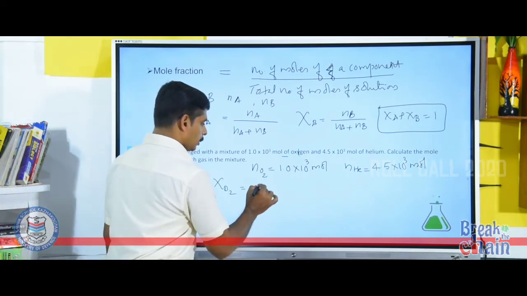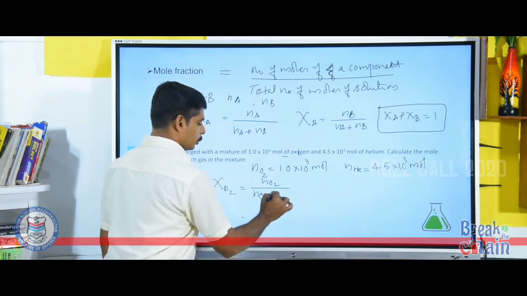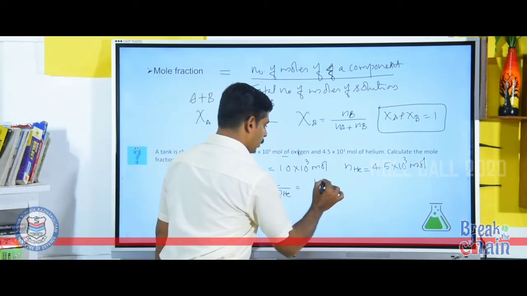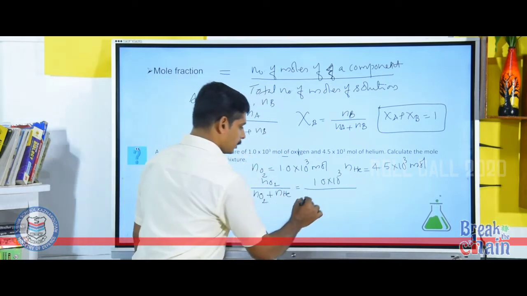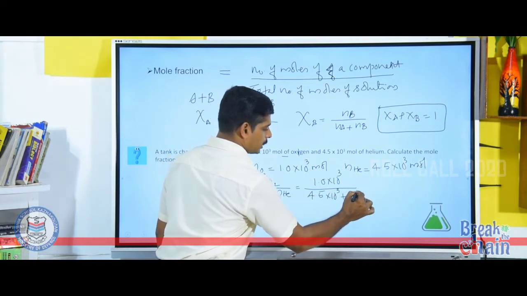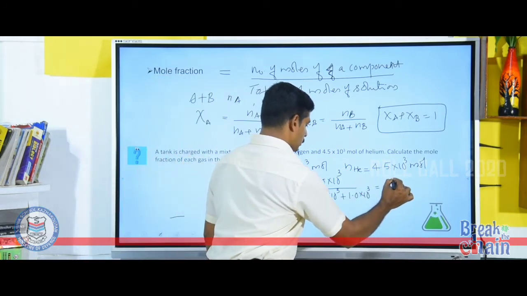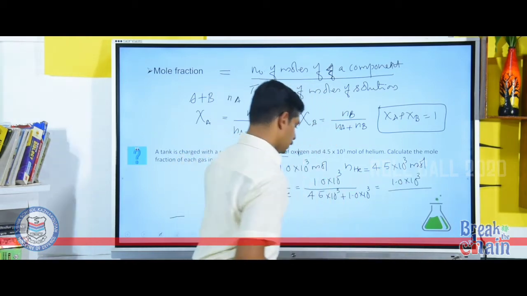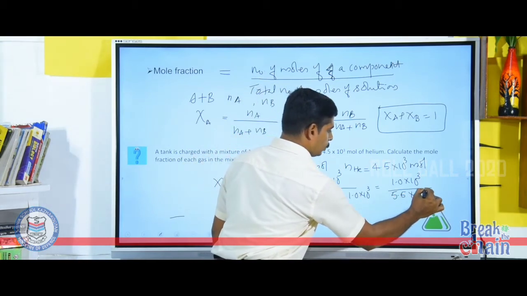It is equal to number of moles of O2 (NO2) divided by total number of moles, NO2 plus NHE, which you can further write as 1.0 into 10 raised to 3 divided by what is the total number of moles? 4.5 into 10 raised to 3 plus 1.0 into 10 raised to 3, right, which you can further write as 1.0 into 10 raised to 3 divided by, that is 4 plus 1, 5, that is 5.5 into 10 raised to 3.